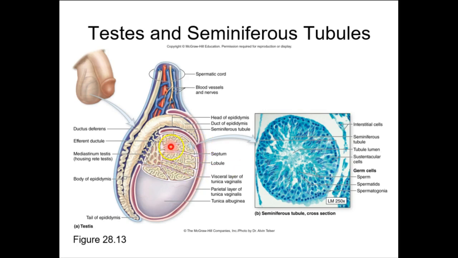So seminiferous tubules are the site of spermiogenesis. Formation of sperm happens within the seminiferous tubules, which again are divided into lobules, divided by septa, which is part of the tunica albuginea.